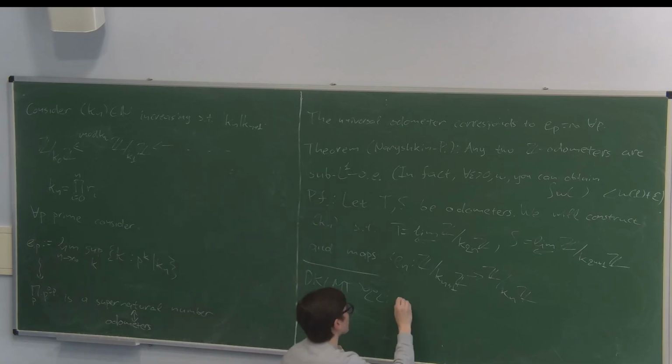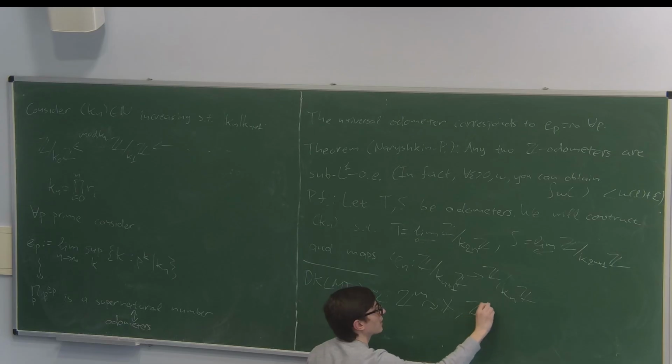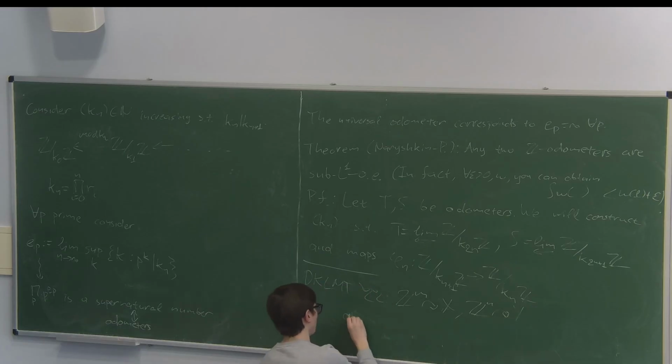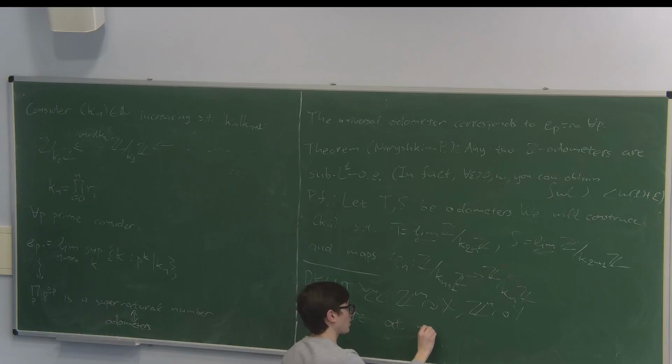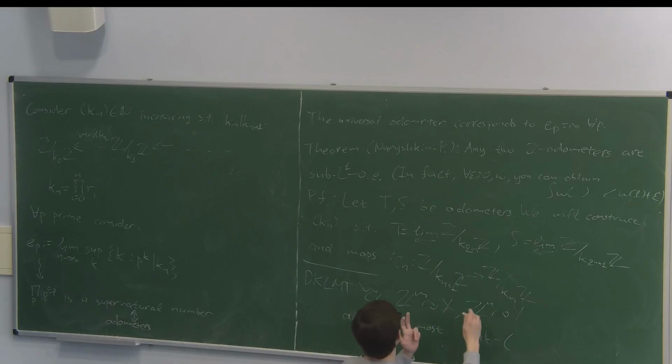If I have two actions of Zm and Zn, free ergodic, the usual stuff, they are at most L, what do I want?